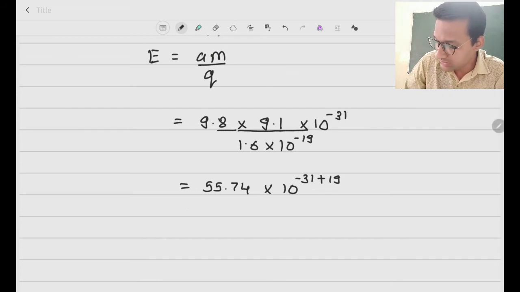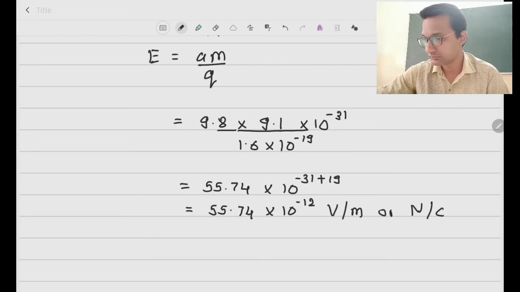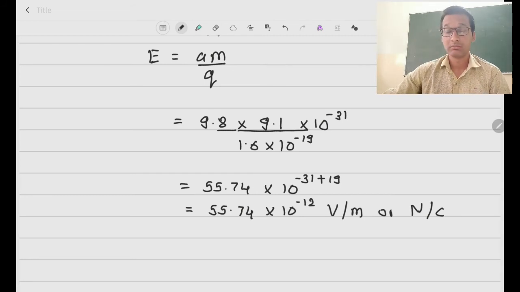What we will get is 55.74 into 10 raised to minus 12. This will be in volt per meter, or you can also write it as Newton per coulomb, because we know that electric field can be also expressed as force divided by charge, so it can be also written as Newton per coulomb.